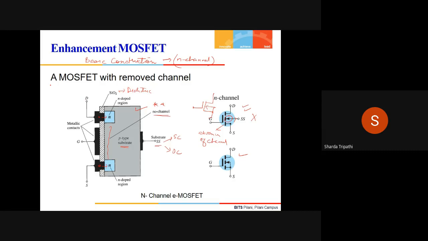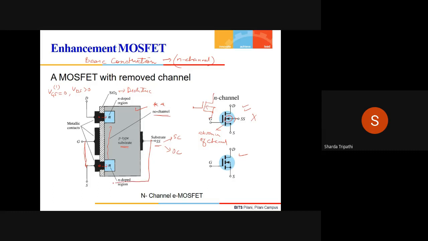So we are going to first consider the case where VGS is equal to 0 and VDS is greater than 0. This is the first condition which we have considered in each of the transistors we have studied earlier. If VGS is 0, that means gate and source are short circuited such that there is no potential difference between them.